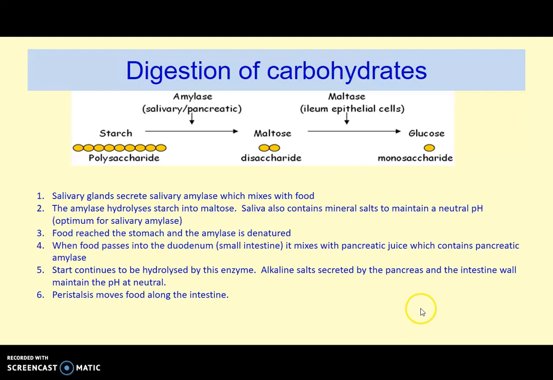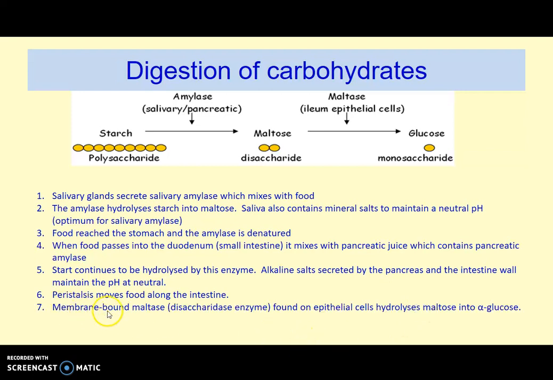Peristalsis moves food along the intestine. And then we have these membrane-bound enzymes. So we've got membrane-bound maltase on the epithelial cell membranes that will hydrolyze that maltose to alpha glucose. You need to pause the video now and fill out your notes in the student booklet.